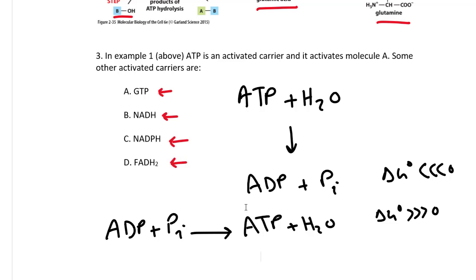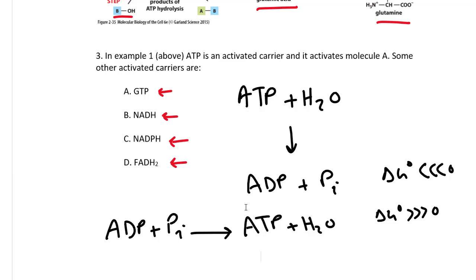The process of making these activated carriers eventually leads back to cellular respiration, because that's ultimately the breaking down of food products, those big macromolecules that we eat: carbohydrates, proteins, amino acids, etc. As those enter cellular respiration, they're broken down, and the energy from breaking them down is used to make these activated carriers.